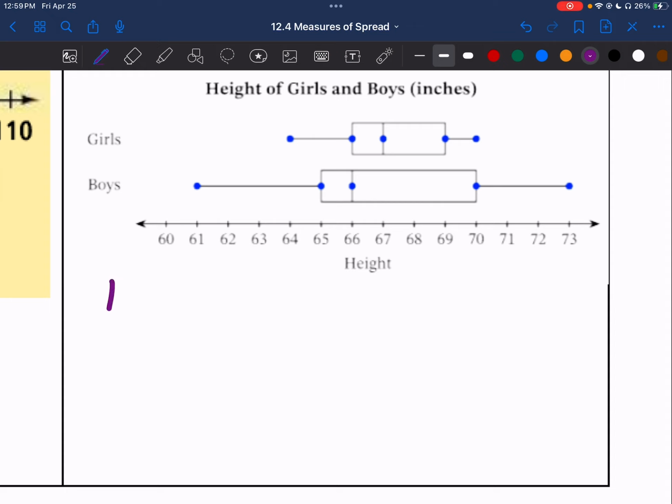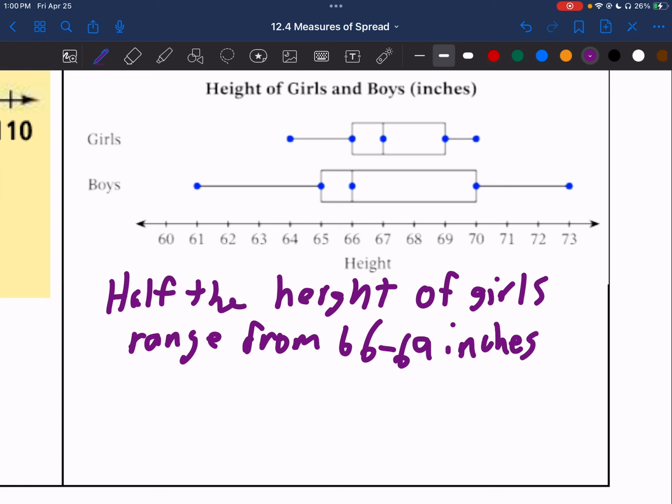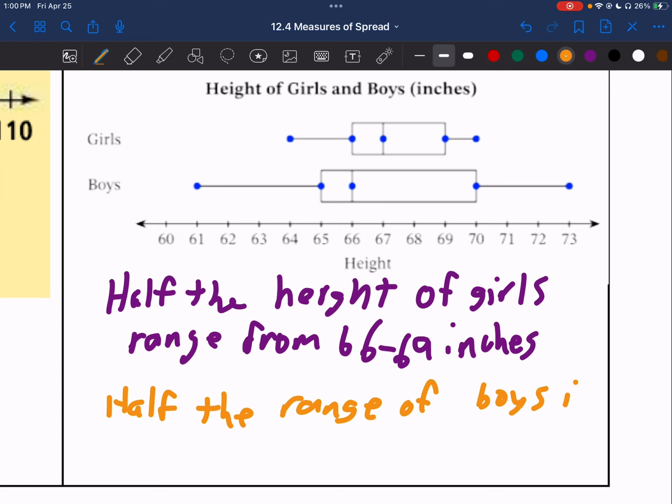So half the height of girls range from 66 through 69 inches, and half the range of boys is from 65 to 70 inches.